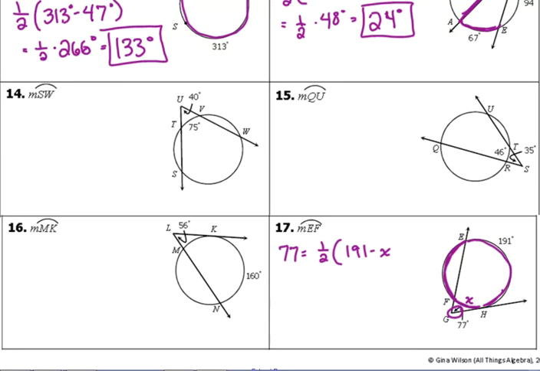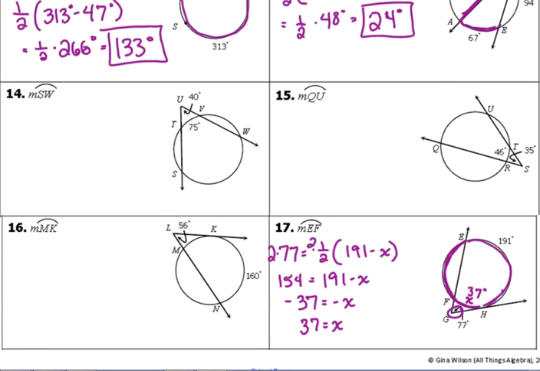So my X here is from F to H. Same process as before, start by multiplying by 2. So 154 is equal to 191 minus X. When we subtract the 191, we get negative 37. Don't freak out yet, because that's minus X. So positive 37 is X. But remember, that's not what they were asking us for.